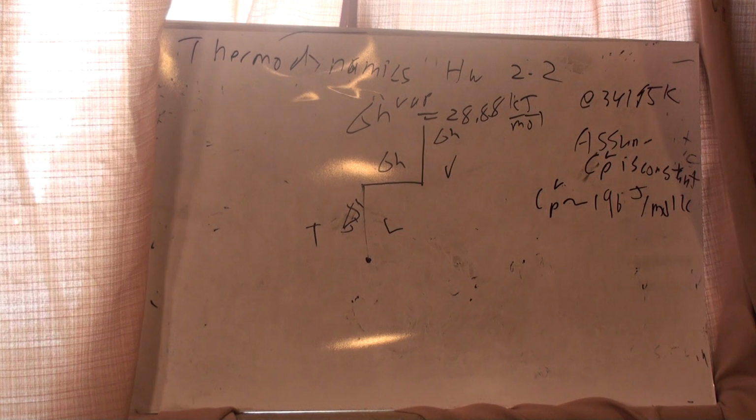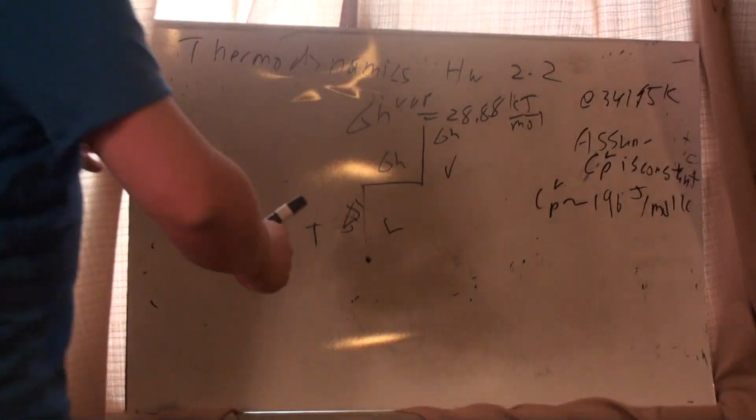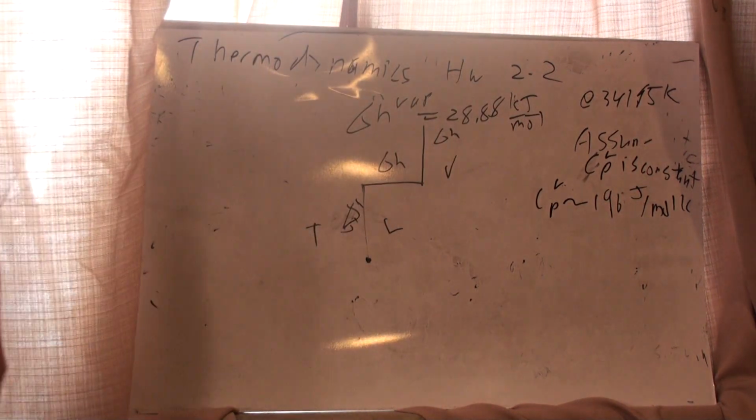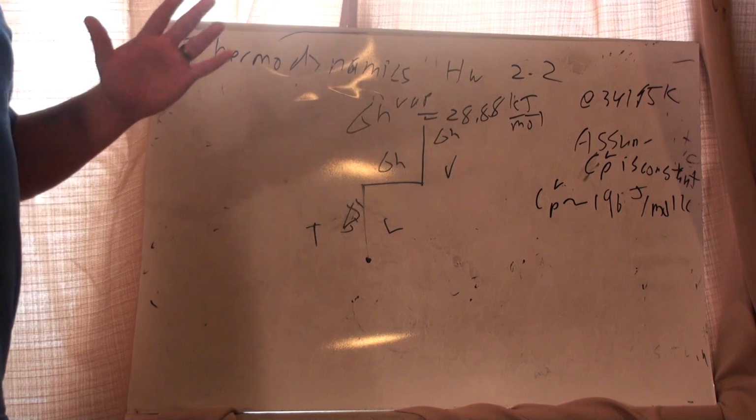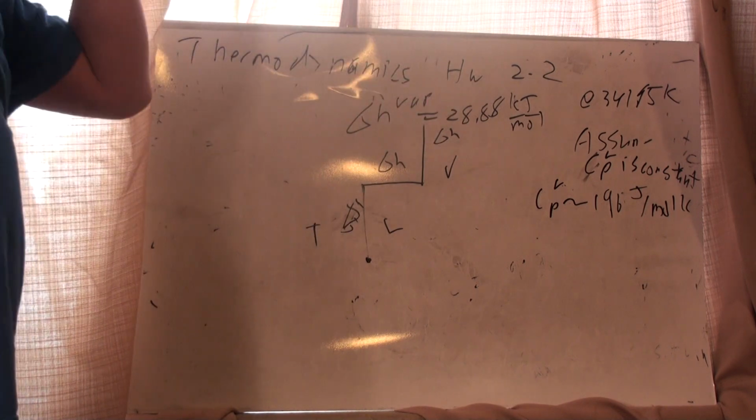Now for the vapor, we can look that up in the back of our book. But what we have is all these steps, and they add up. Now it doesn't matter what path we take, as long as we get from here to here, that's going to be good.